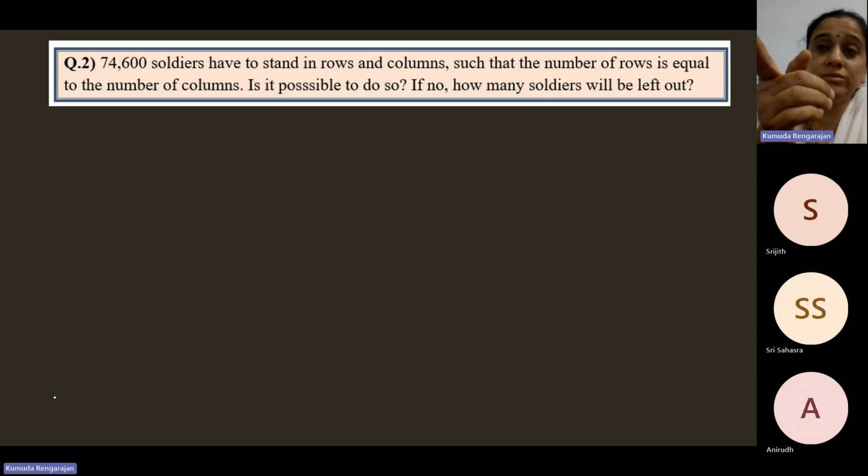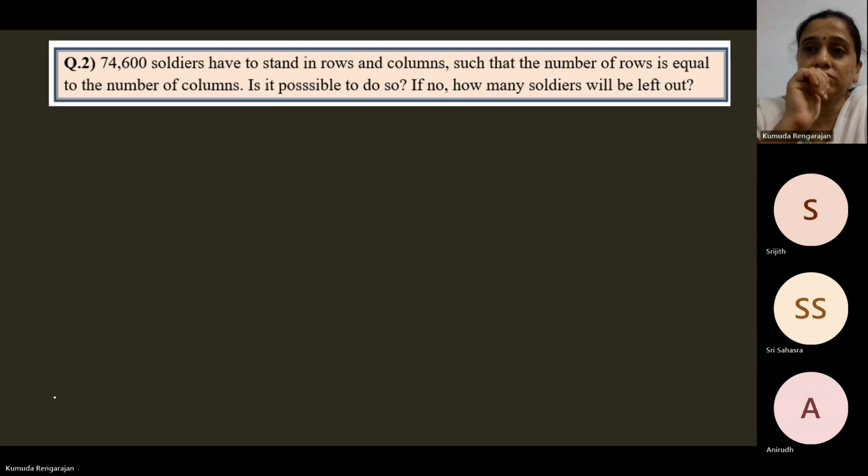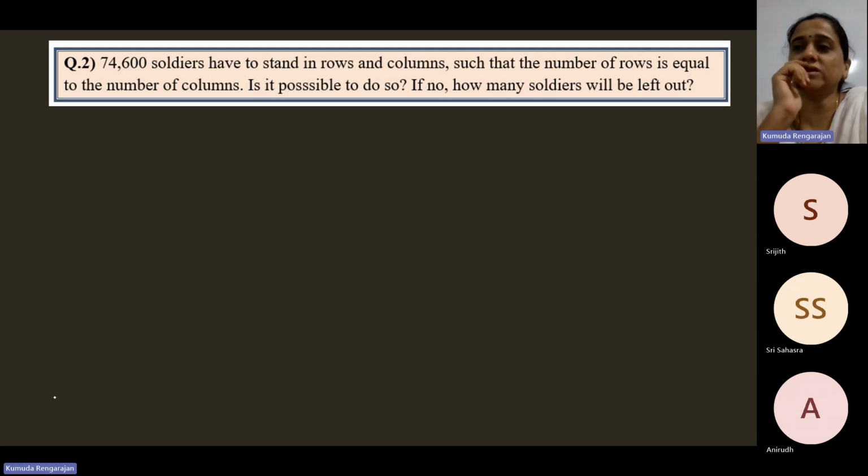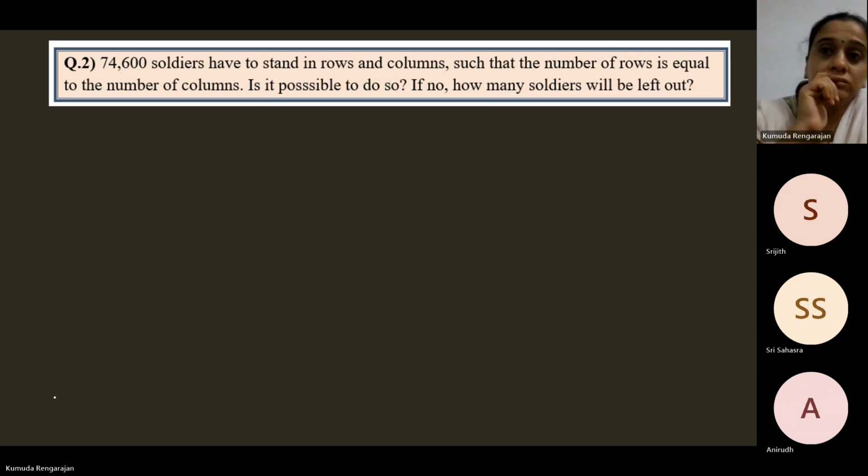I want to see the remainder. No, that you have to check. I only check the remainder. 0, 0, correct.